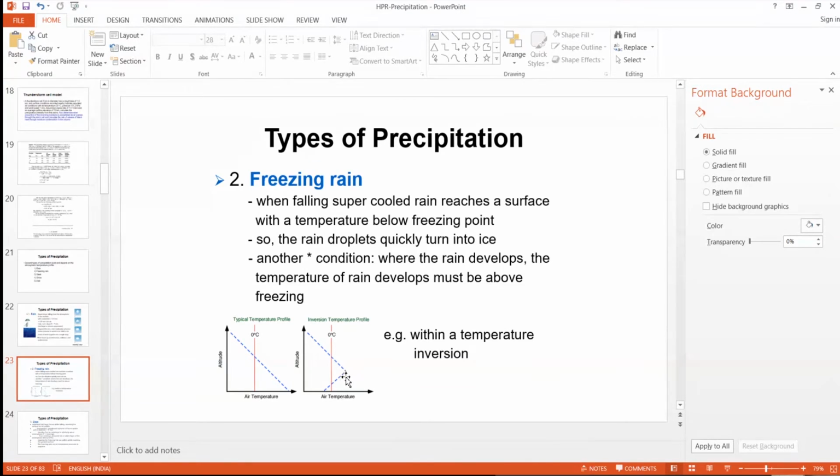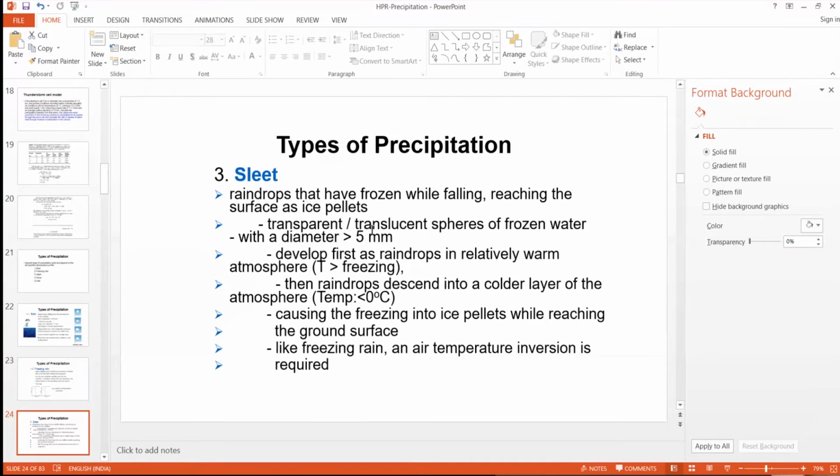Then again, when they reach the surface, due to the freezing, these liquid droplets become ice pellets. This is called freezing rain. Next is sleet. Sleet is similar to freezing rain, but in sleet, throughout its descent from clouds to the surface, the maximum distance it covers is as an ice pellet.